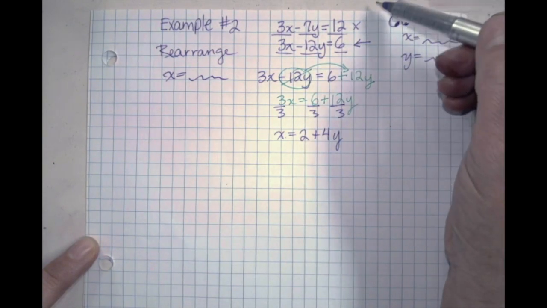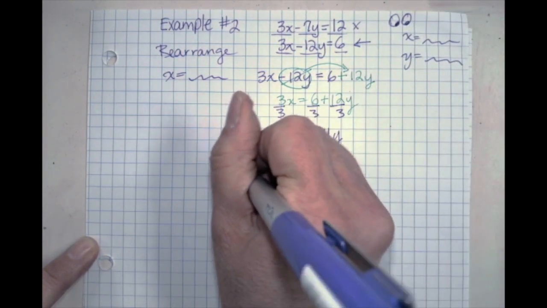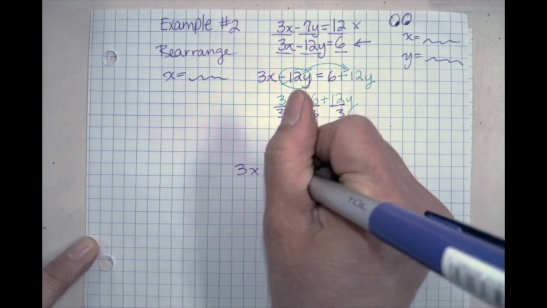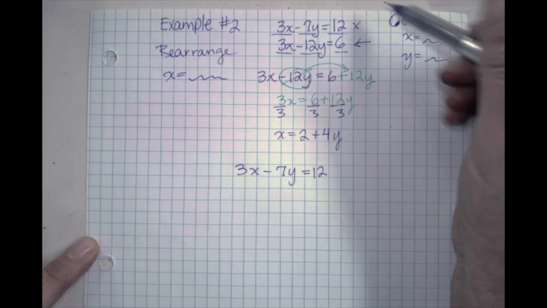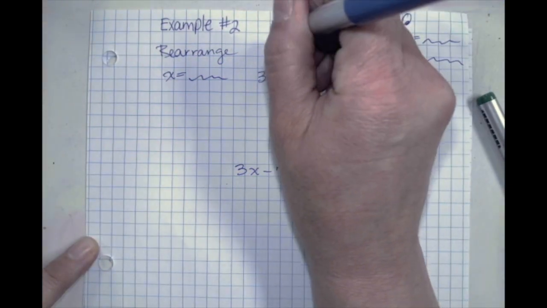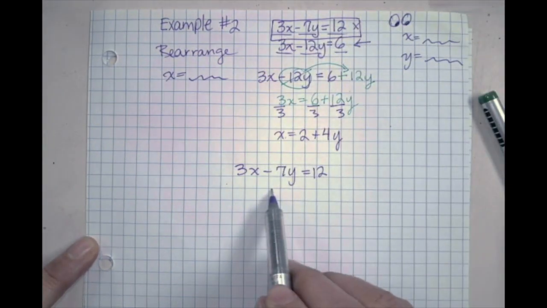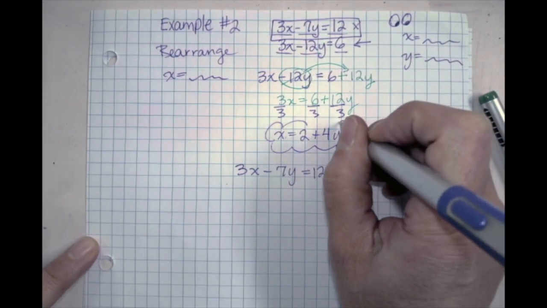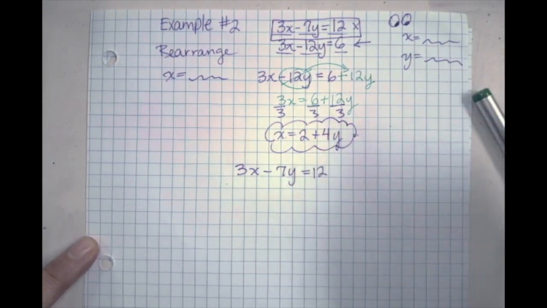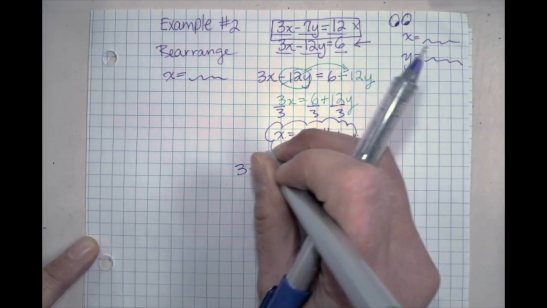Now we're going to use the other equation for our substitution. Let me go ahead and write it down so you can see it. Rewrite our equation, the other one that we didn't use, this one right here. That's the one we're going to write down here. And here is x equals 2 plus 4y. That is going to be our substitution.